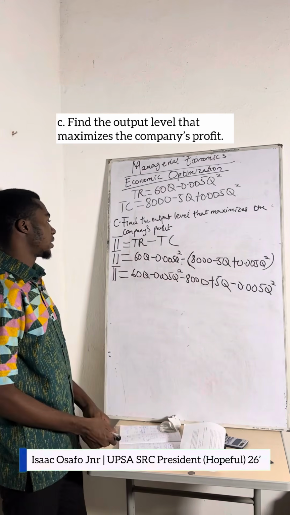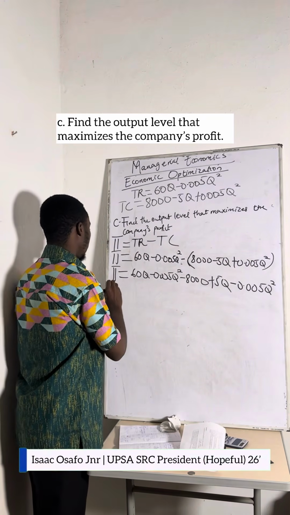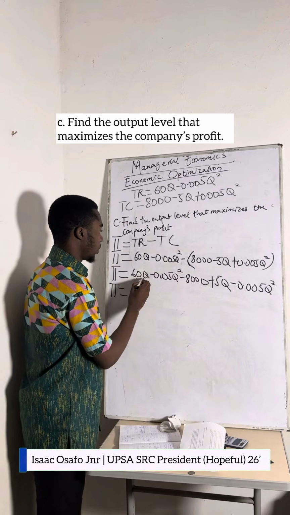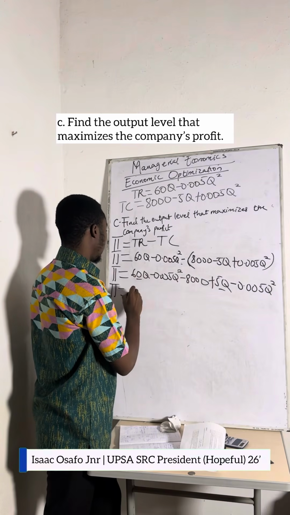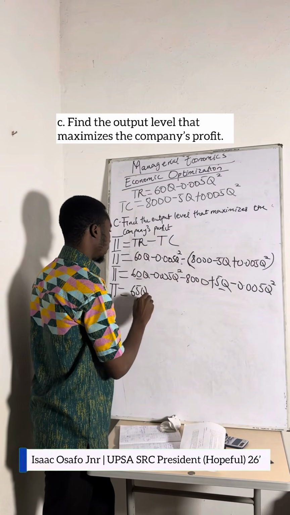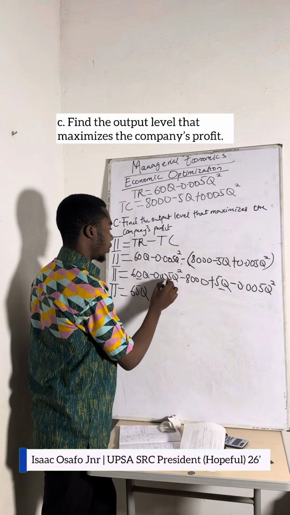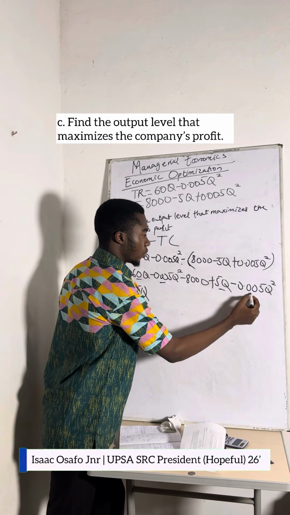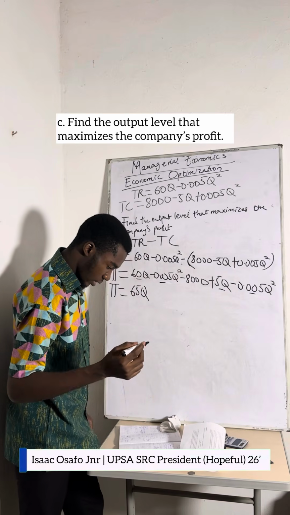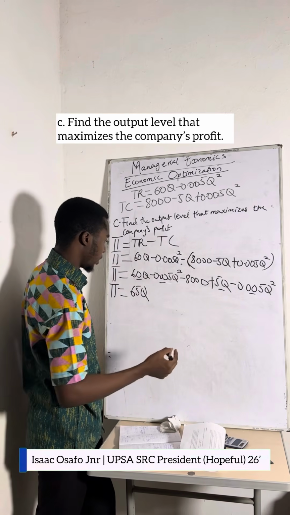But then there are still some like terms, so we can simplify. So 60 Kil and 5 Kil are like terms. So 60 plus 5 should give us 65 Kil. Then negative 0.005 Kil squared minus 0.005 Kil squared should give us negative 0.01 Kil squared, right?